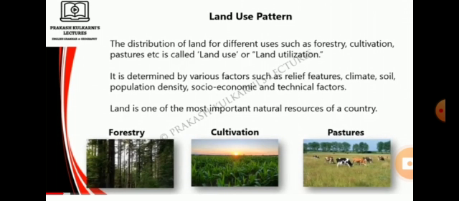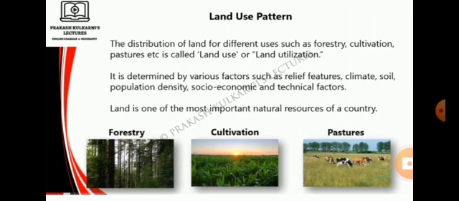It is determined by various factors such as relief features, climate, soil, population density, socio-economic and technical factors. We have to explain these.